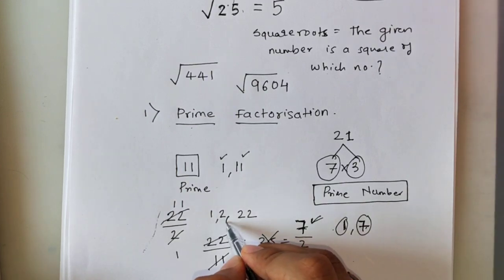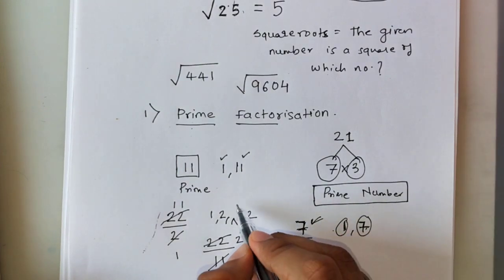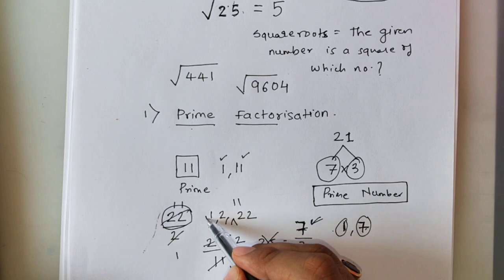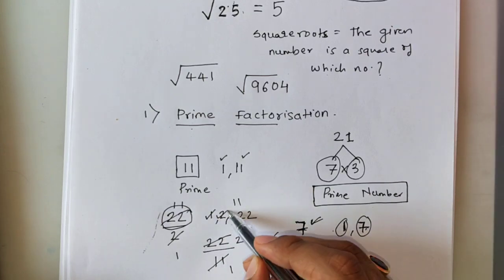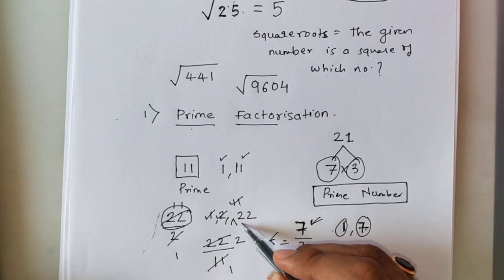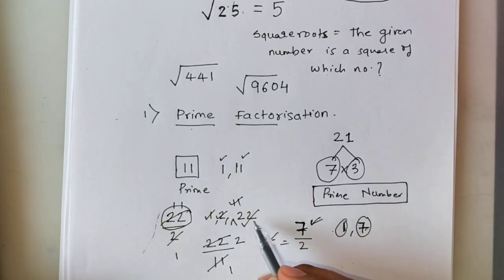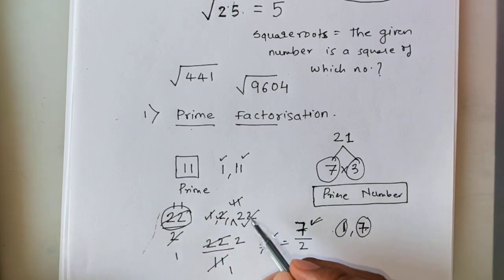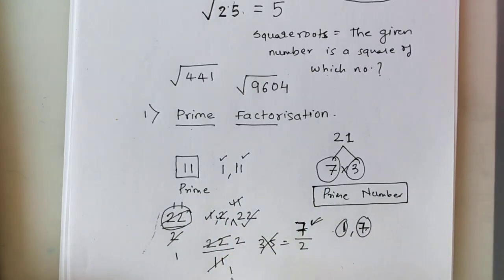So for 22, 1 divides it, 2 divides it, 11 also divides it, and 22 also divides it. There are 4 factors of 22, not prime factors, I would say 4 factors of 22.